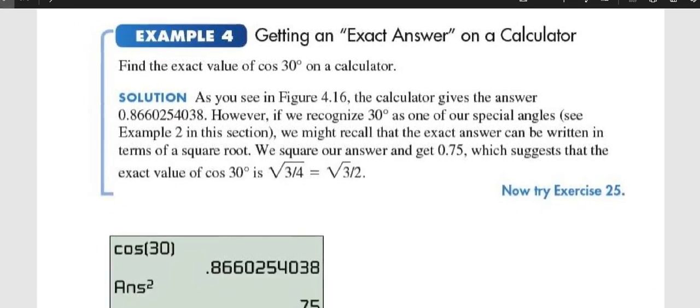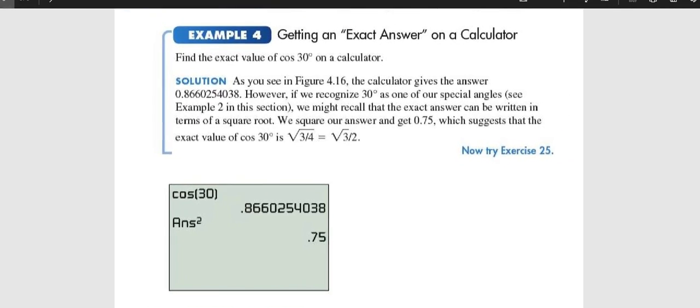All right, let's see. What else do we have here? Okay, now you need your calculator for this part right here. And let me see where my cool camera is here. Get it hooked up.